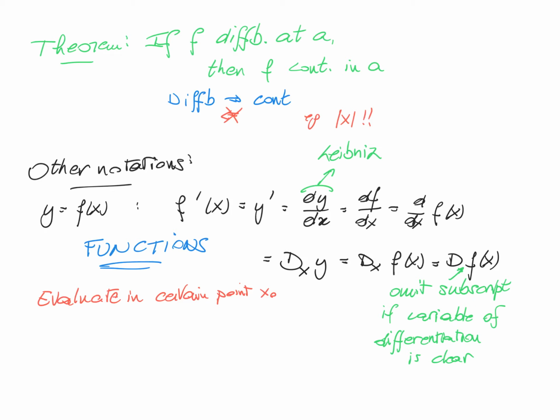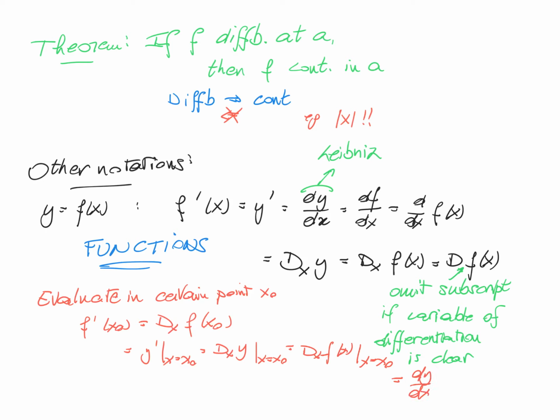The notations that we then use become f prime of x0, which is equal to D x f in x0, which is the same as y prime evaluated in x equal to x0, or D x y in the point x is equal to x0, or D x f of x in x equal to x0, or which one did we not have, dy dx in the point x equal to x0. So here we have evaluated in this point, so this is no longer a function, but it becomes a value, a number.